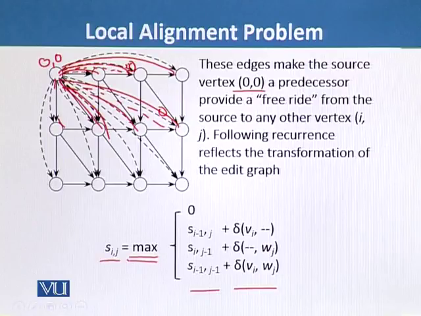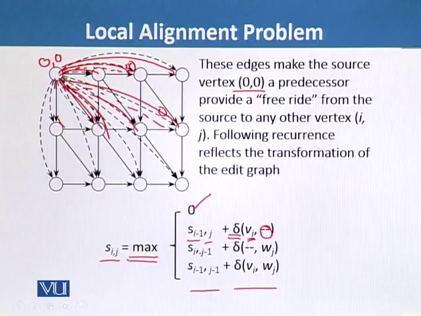Because we have adjusted the value of the free ride edges to 0, the first value will be 0. And then the second possibility is i minus 1 and j, where we have the scoring matrix delta, and again we have v i and there is a dash here. It means that it is either a mismatch or an indel.